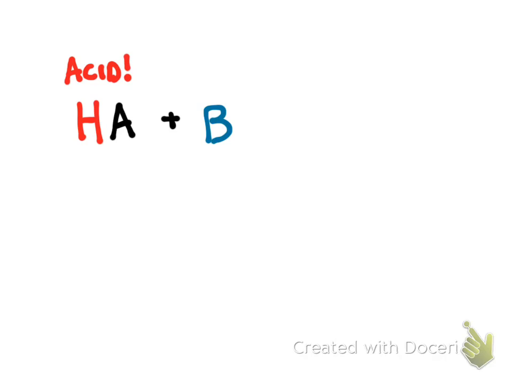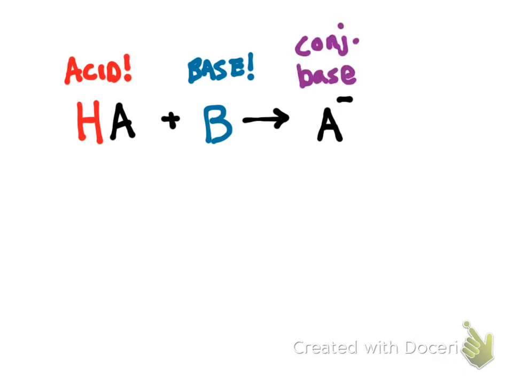We'll call it generic base B. The acid is what loses its proton, so it loses that H+. When it does, since it's losing something with a positive charge, it will go down one in formal charge. So this becomes A-, and that is the conjugate base. So the acid, once it loses its H+, becomes the conjugate base, and the base becomes the conjugate acid.